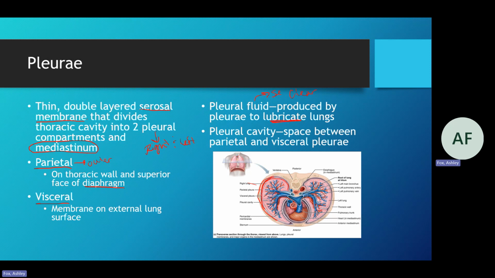We don't want friction every time the lungs are moving and expanding and contracting. We want that smooth movement. The same thing happens in the heart. There's pericardial fluid in there that can help with movement, prevent friction of movement of the heart. So we want to prevent friction and movement of the lungs.